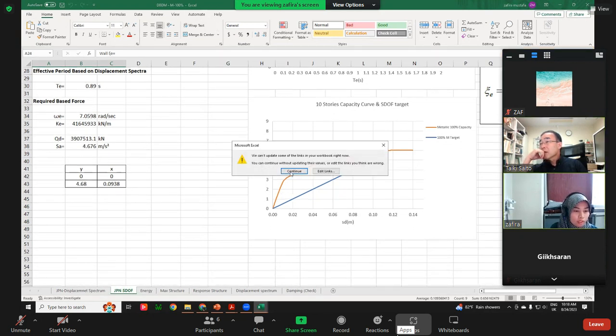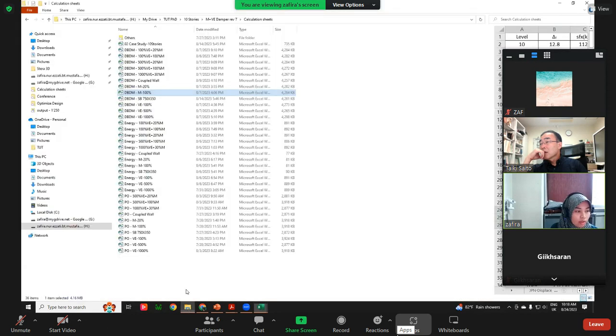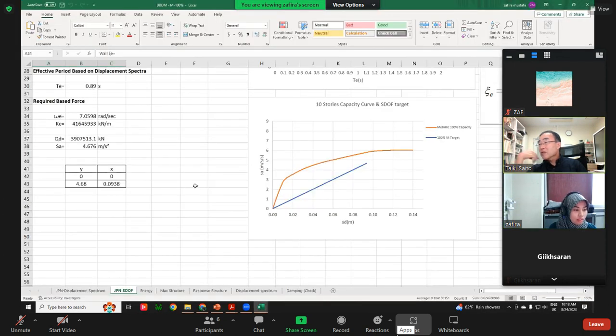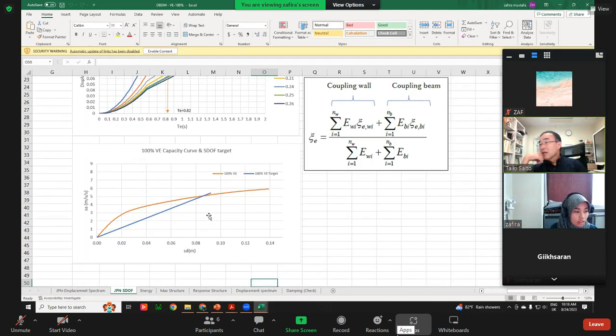I'm not sure, but if we compare with viscoelastic, 100% viscoelastic is different. It doesn't change because viscoelastic is velocity dependent. If you do pushover, the viscoelastic damper doesn't produce any resistance.